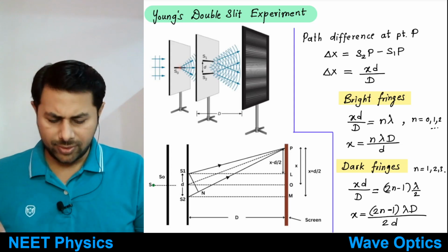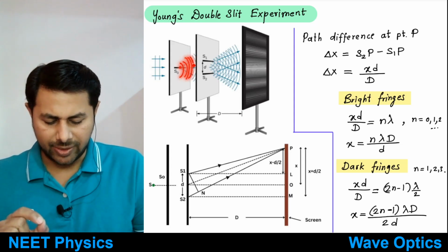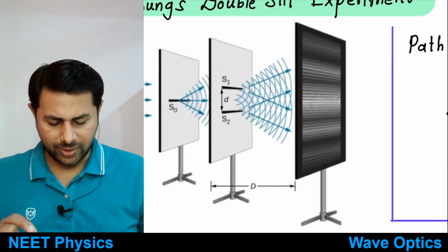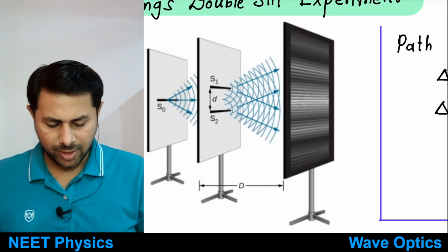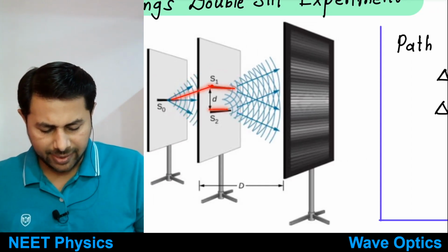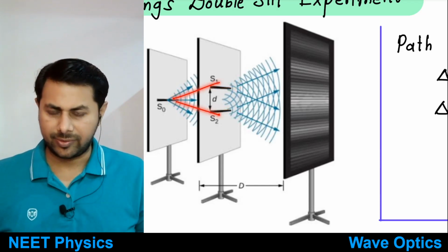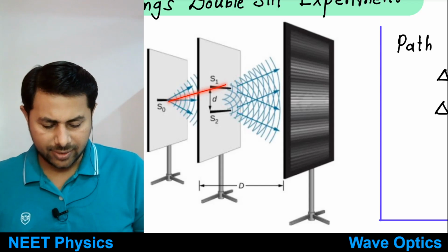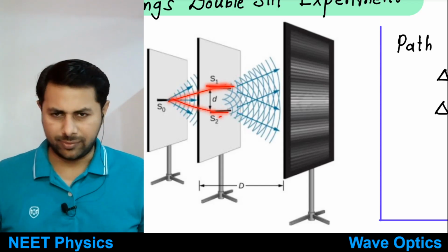If you consider only point sources like this, they will send secondary wavelets like this. These two slits are at the same distance, symmetrically arranged with respect to the first one. So the light will reach in the same phase at S1 and S2.